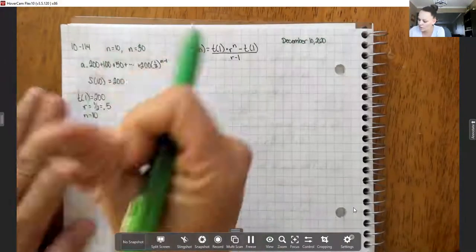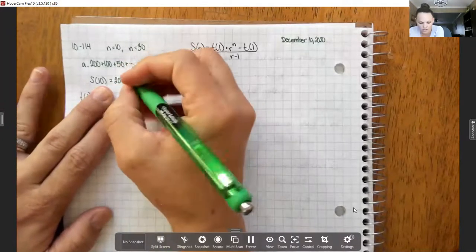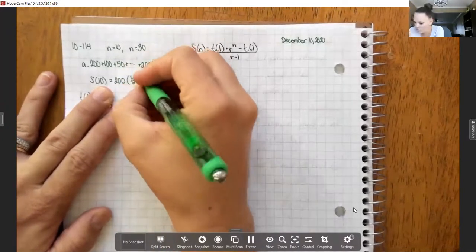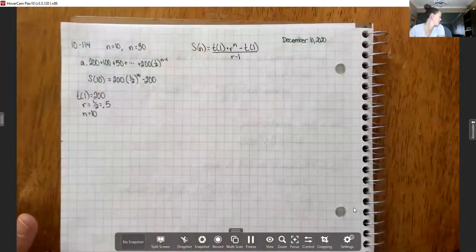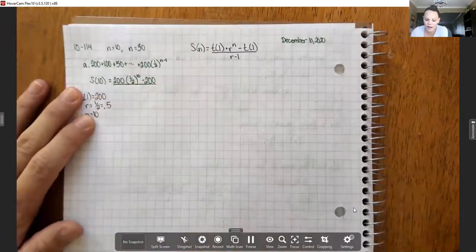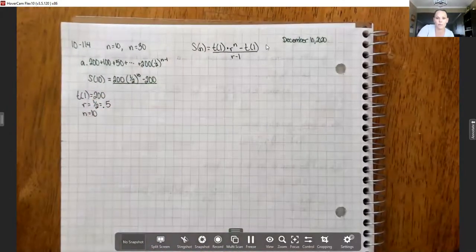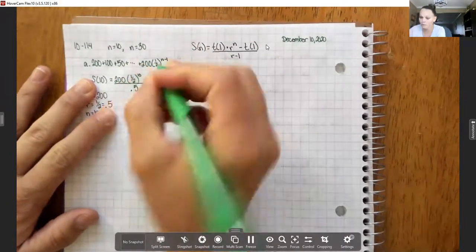So 200 times 1/2 to the power of 10, minus 200, divided by 1/2 minus 1.